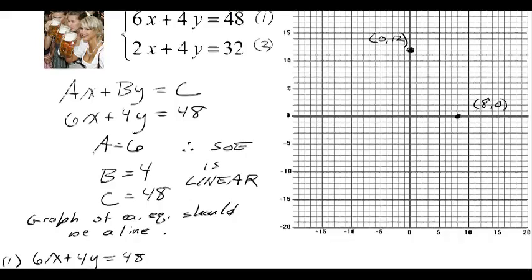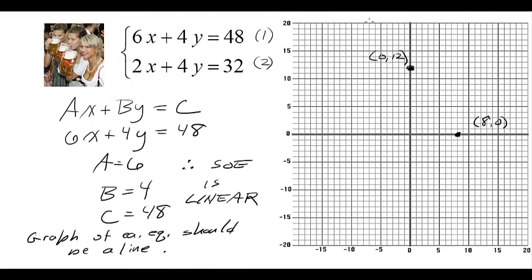It's always good to label the points. Oh, and of course that forms a line, so let's connect the dots as best we can, doing this freehand. Okay, and that's our first line for equation 1. So we call it L1.